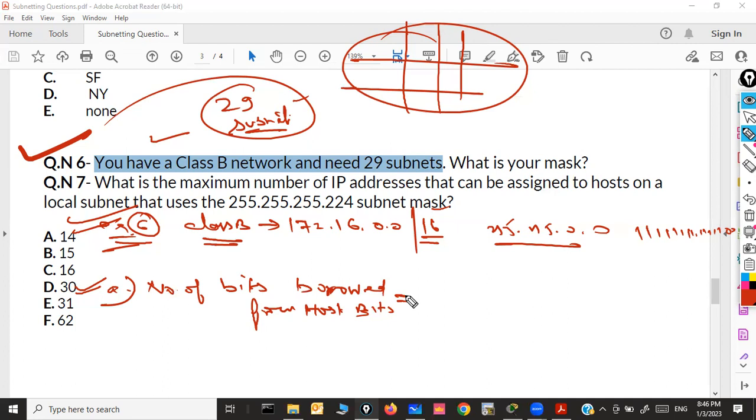So how many bits do we need to borrow? I'll say 13.